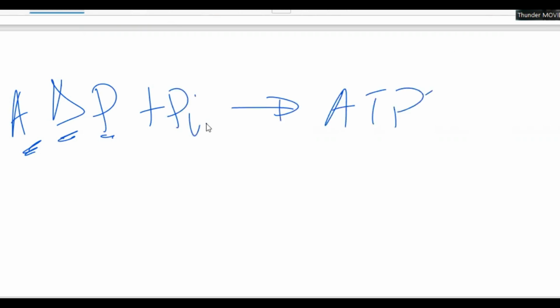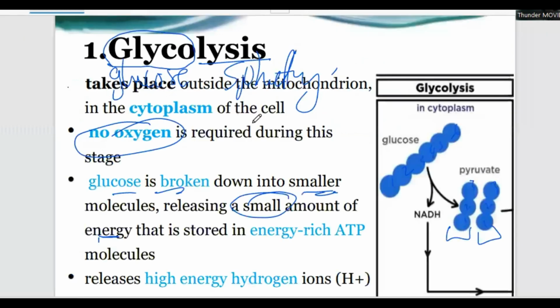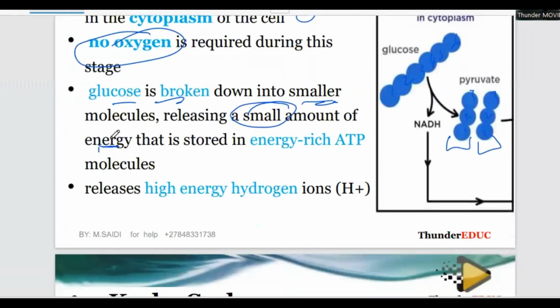You form ATP, which is adenosine triphosphate, which means three phosphates with the adenine added there. During this process some energy is released, and this energy is used to form this bond. Hence, you form adenosine triphosphate, so that energy is stored as ATP.